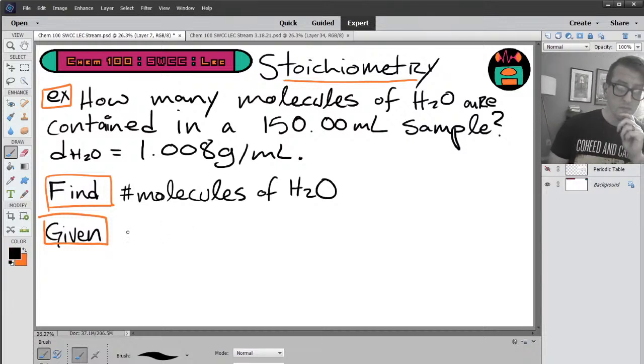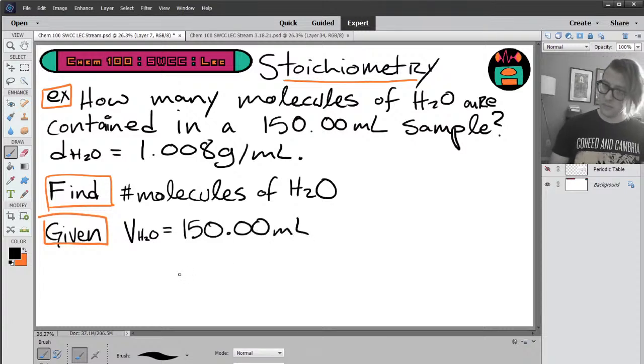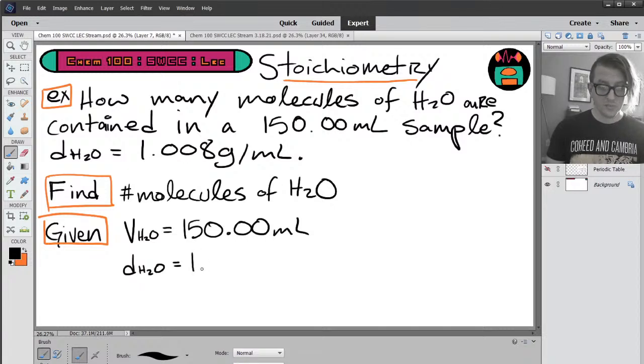First, you'll notice that we're given a volume of water. We're told that we have a 150 milliliter sample. We're given another piece of information. We're given the density of water is 1.008 grams per milliliter.